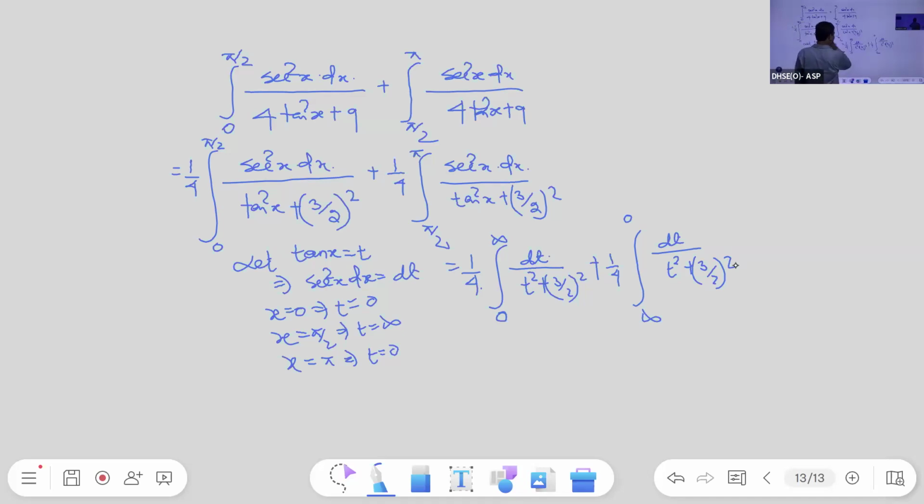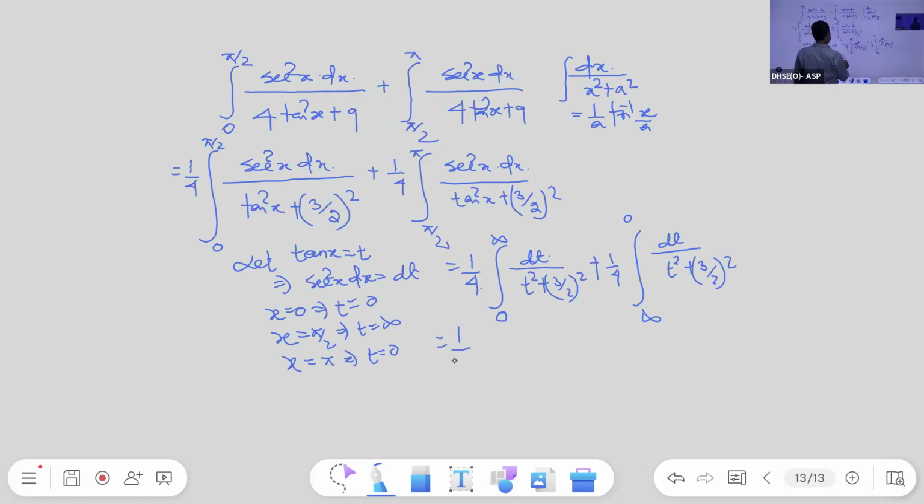Okay. So integral dx upon x square plus a square is equal to 1 by a tan inverse x by a.